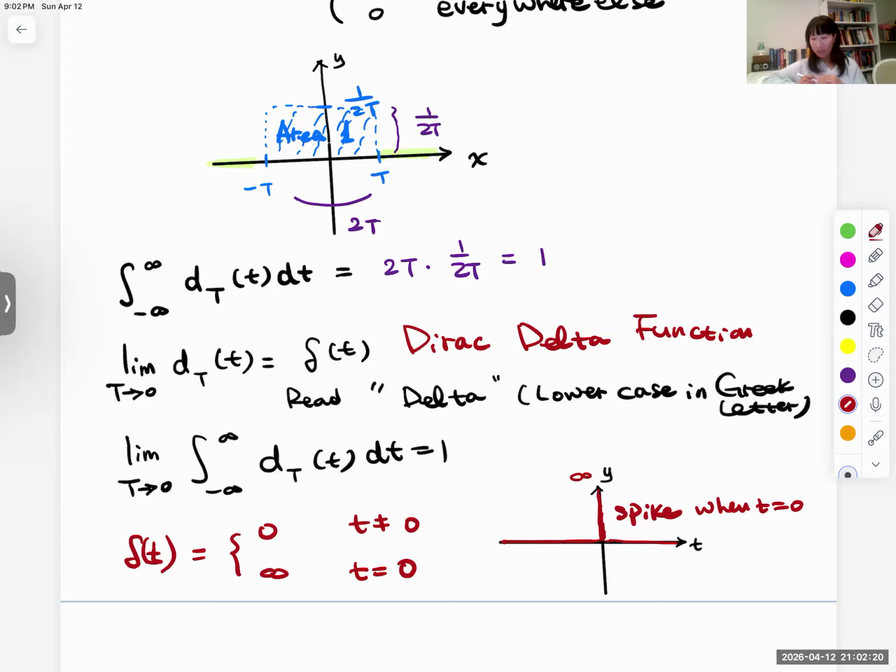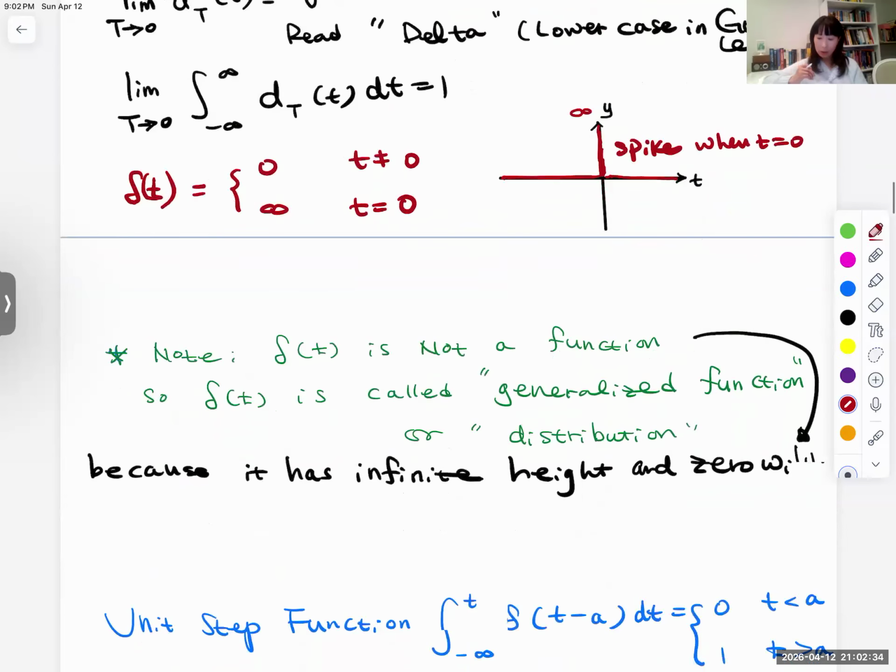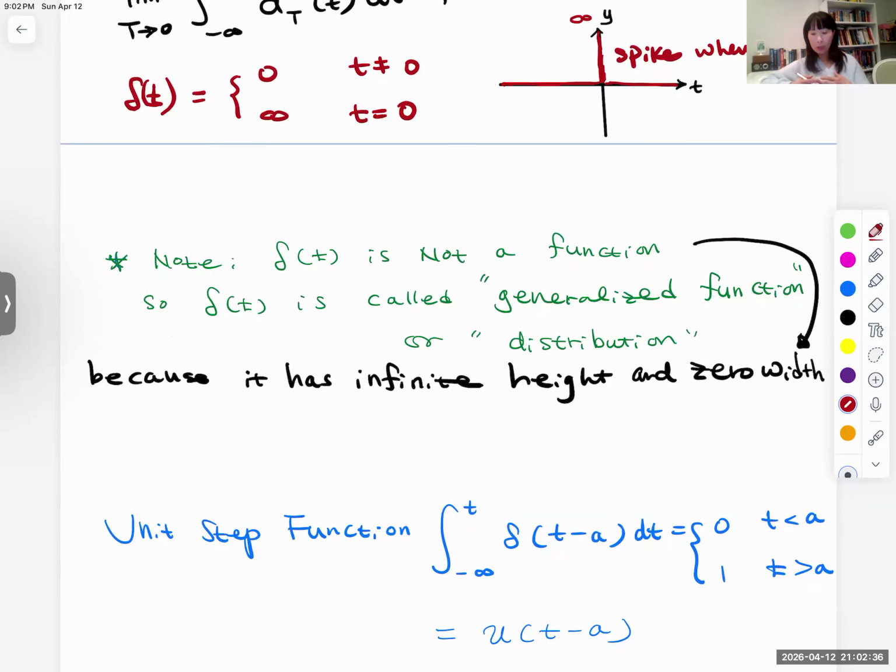Clear? Okay. So this section is about the impulse with the Dirac delta function. Now, a little note here: the Dirac delta function is not a function.